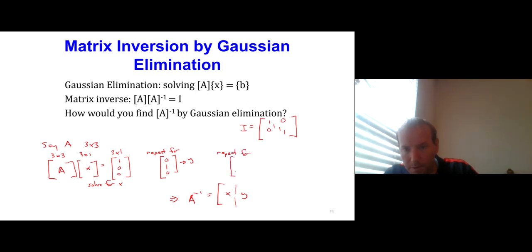And then we're going to repeat for 0, 0, 1, give us the z. So basically, what this shows you is that you can use Gaussian elimination not just to solve Ax equals b problems, where x and b are vectors, but you can also efficiently solve for the inverse of a matrix.